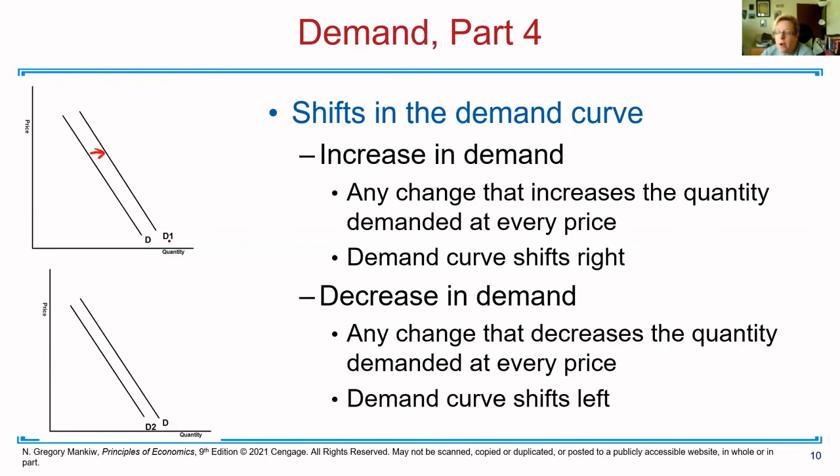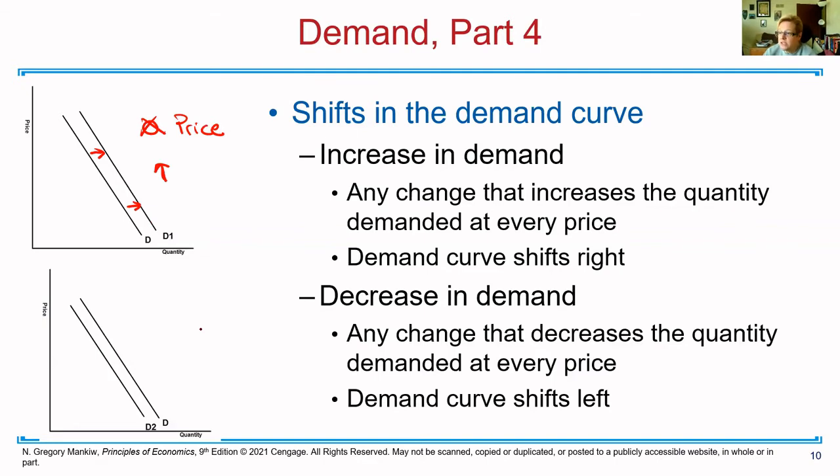We're going to talk about why that would happen in just a few moments. Remember, the thing that's not going to happen here is it's not going to change price. It's going to be some other factor that changes. For example, a population shift might cause an increase in the number of people, which might cause the demand curve for a particular product or service to increase.